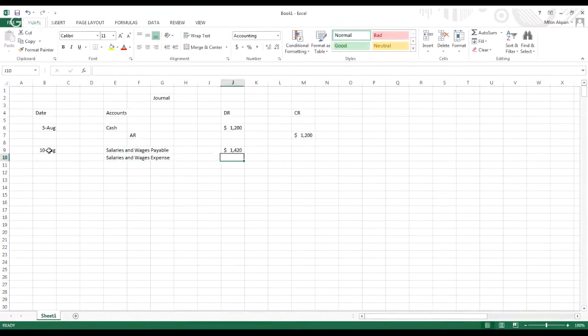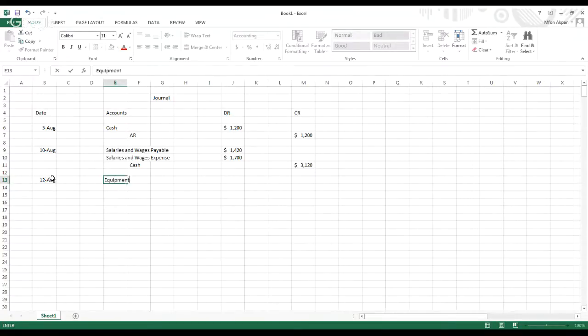And we've got that for 1,700. And then what we do, we've got another entry for cash because we're actually paying off the salaries and wages that are due. So we've got that total for 3,120.